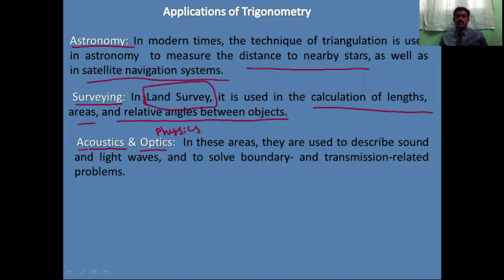In these areas, they are used to describe sound and light waves and to solve boundary and transmission related problems. Sine and cos are in the form of waves. So we can use this concept in physics to solve problems related to transmission.